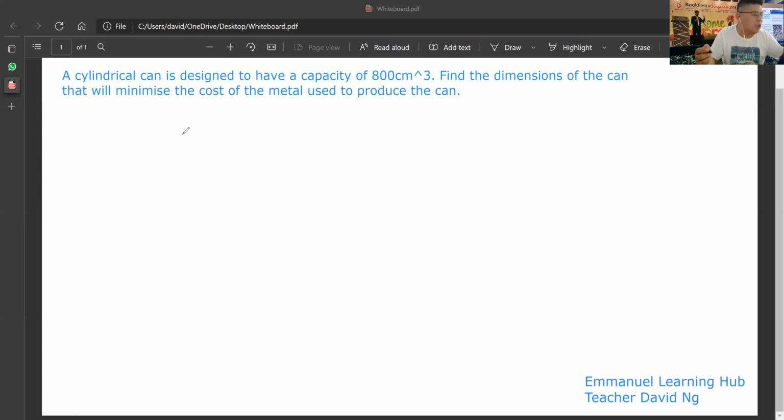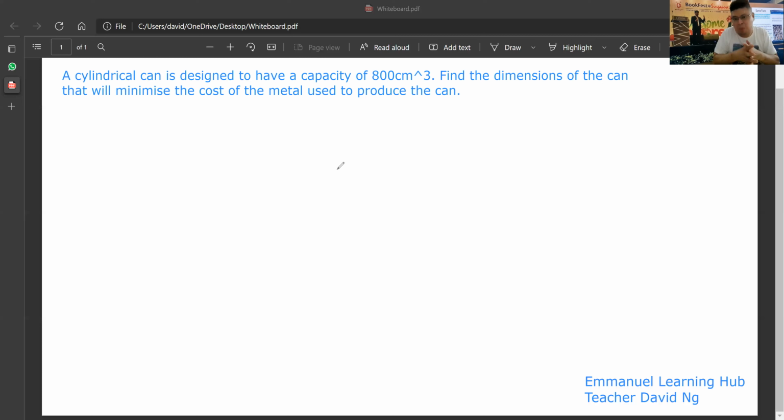Before they actually produce the can, they need to do some research and some calculation on the material that they need in order to produce a can that can hold 800 cm cube of Coke. So that's the practical aspect of differentiation.